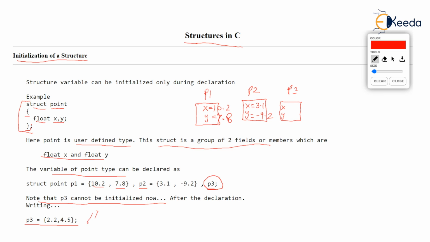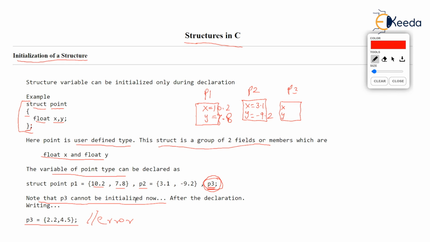This is wrong because structure variables can be initialized only during declaration. So if you have not initialized p3 during declaration, then you have missed the chance of initializing p3. Of course, later on you can input p3 from the keyboard using scanf, but you cannot initialize p3 using curly braces.